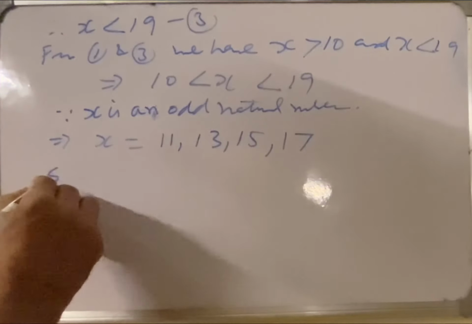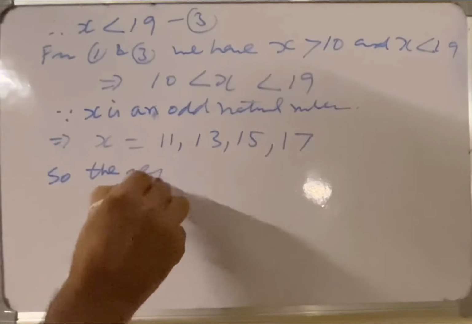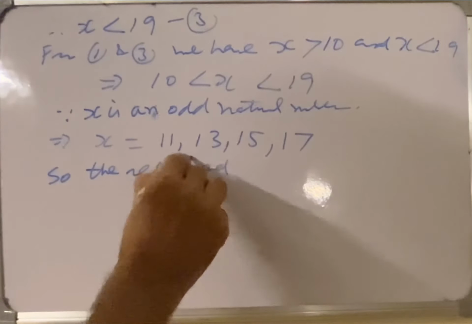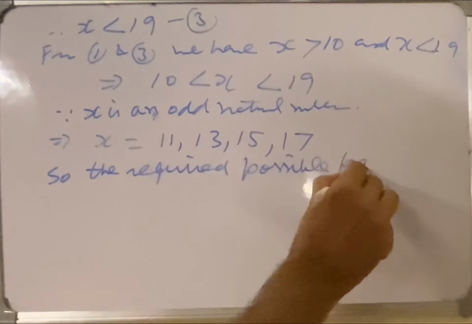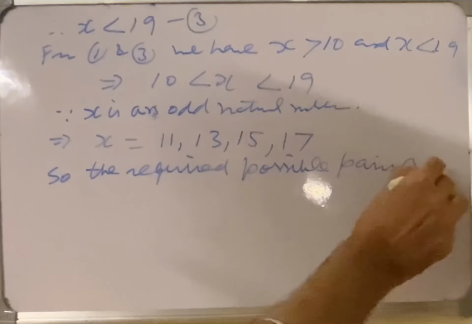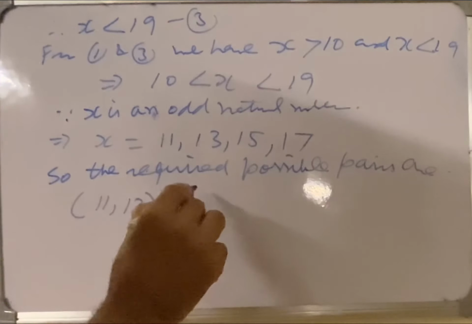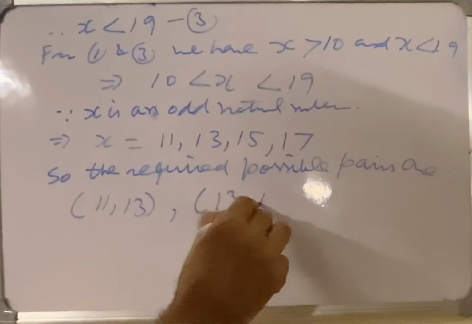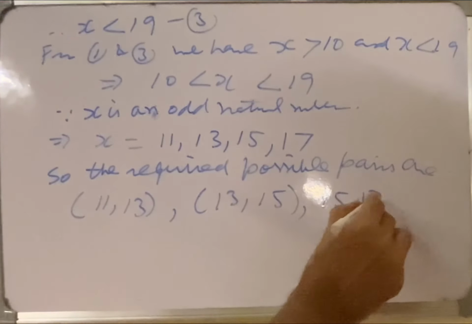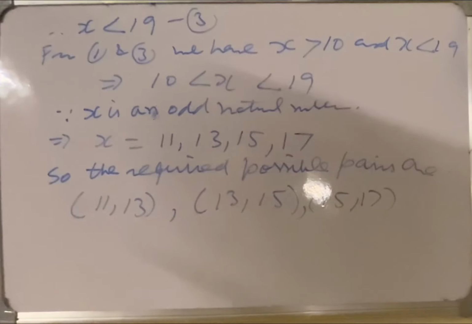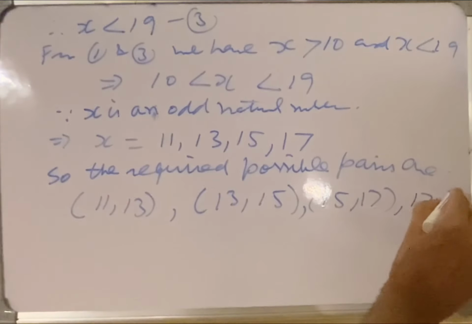So the required possible pairs are 11, 13; 13, 15; 15, 17; and 17, 19.